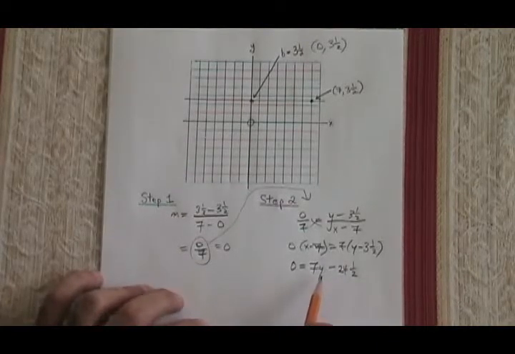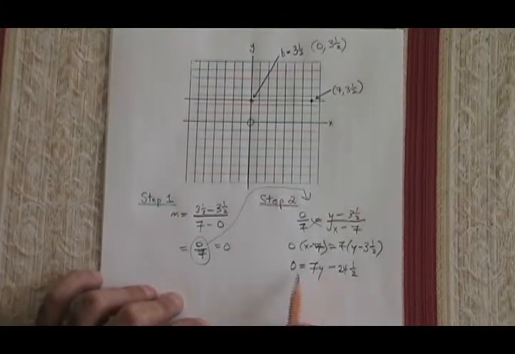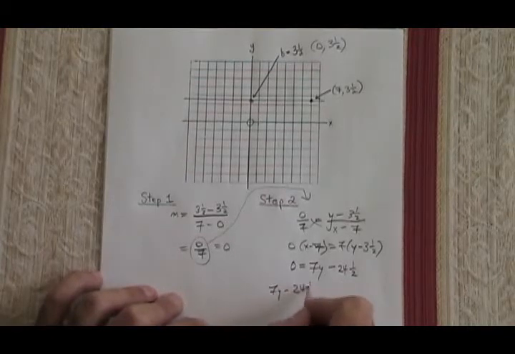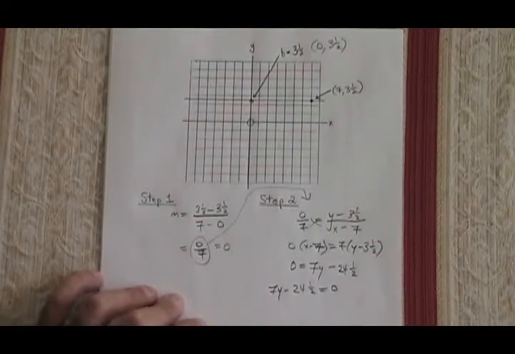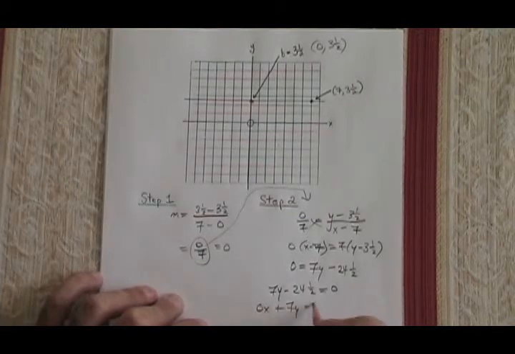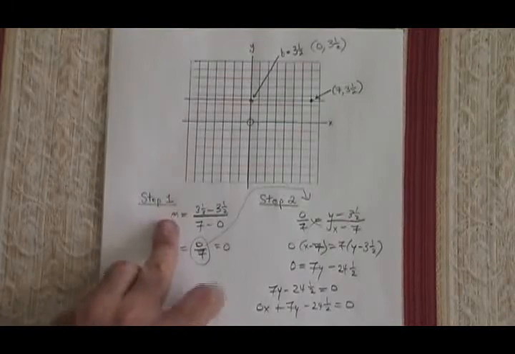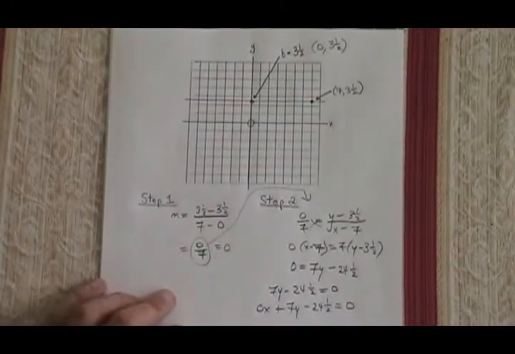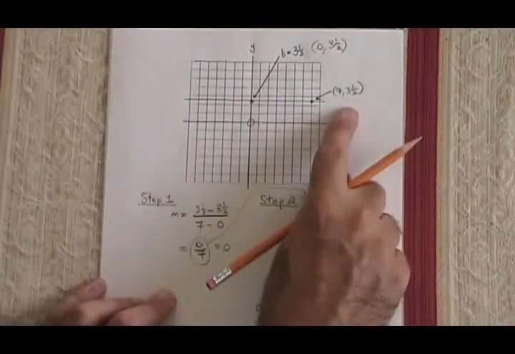I like ax plus by plus c equals 0 for the form of the equation, so I'm just going to write this in reverse. 7y minus 24.5 equals 0. And if I want to show my x term, I can write it as 0x plus 7y minus 24.5 equals 0. So the step 1, step 2 process can be used for horizontal lines as well.